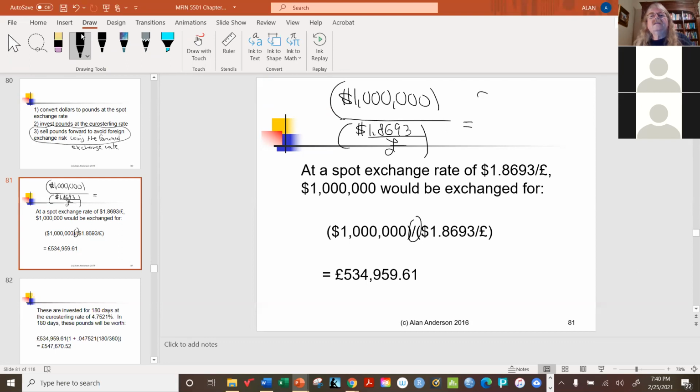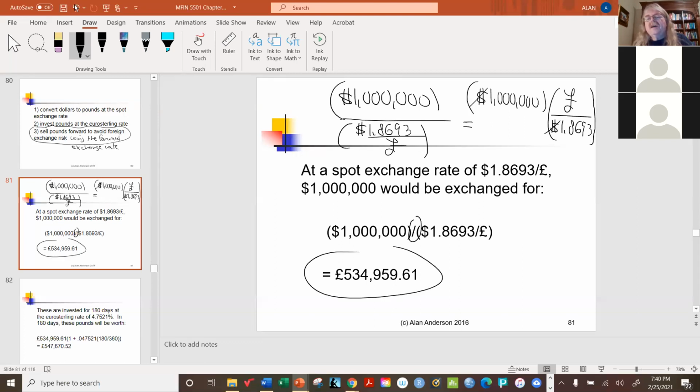Now, algebraically, this is the same thing as multiplying by the inverse. And now you can see the dollars cancel each other out, and you're left with pounds. How many pounds? 1 million divided by 1.8693, which works out to approximately 534,959.61 pounds.